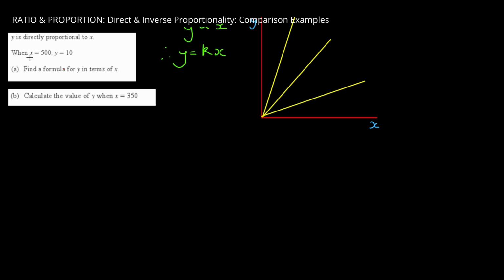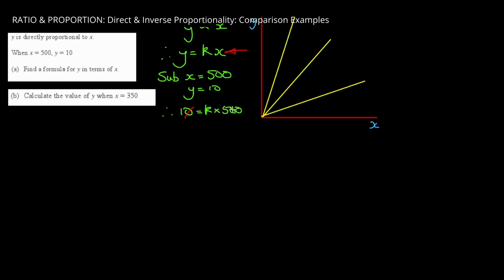Now they give me a value of x and a value of y, which are coincident. They happen at the same time. So all I need to do is sub x is equal to 500 and y is equal to 10 into this equation here and find k. So 10 is equal to k multiplied by 500.